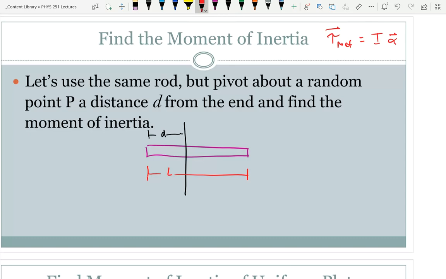He's like, you shouldn't write the equation that way. And he's kind of right. Because I have the net torque vector, I have alpha vector, and it looks like I is going to be a scalar. But moment of inertia is not a scalar. Moment of inertia is what we call a tensor.